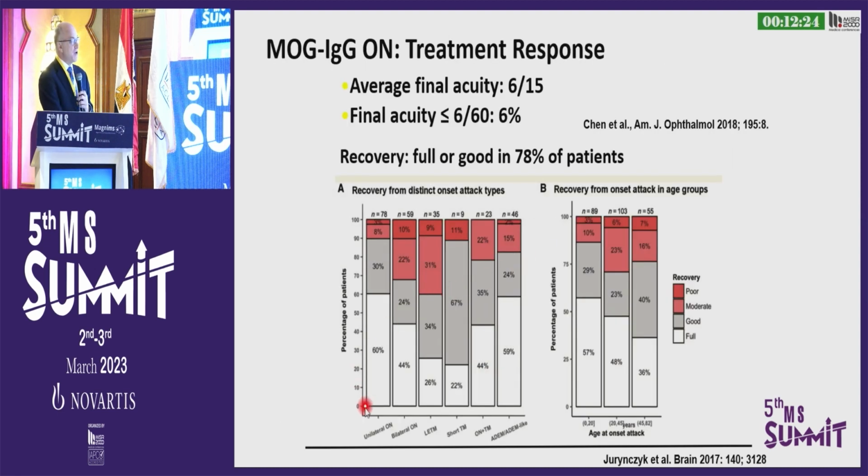Visual recovery is good, as shown in the white portions of the graph here for bilateral and unilateral optic neuritis, as well across the age groups. So here we have a prominent vision loss with good response to corticosteroids, with average final visual acuity in the 6/15 range, and rarely do you have vision loss worse than 6/60 with this disease.